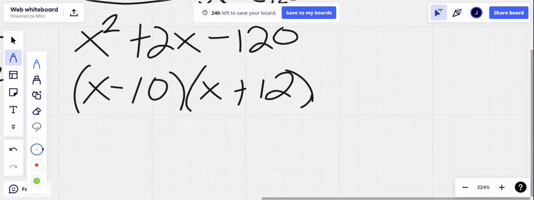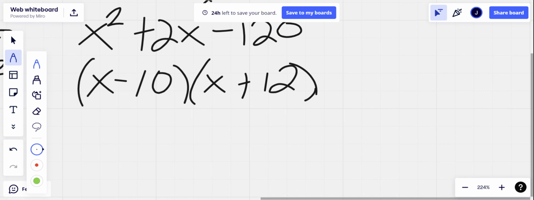So let's go ahead and do that other trick. We are going to now bring back that 8. We have to divide the factors by 8 now. That was our a coefficient. Okay, so now I have negative 10 over 8 and positive 12 over 8.